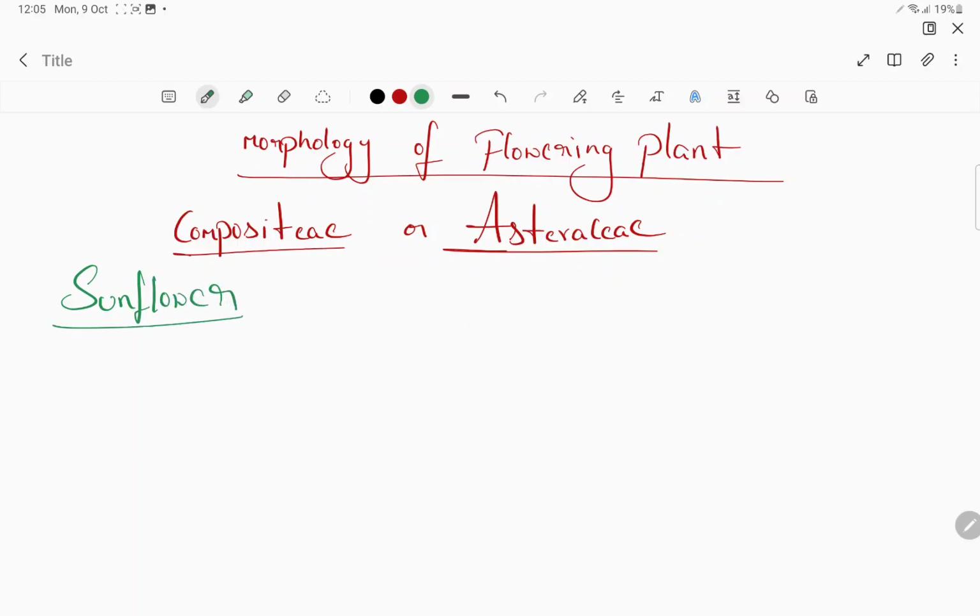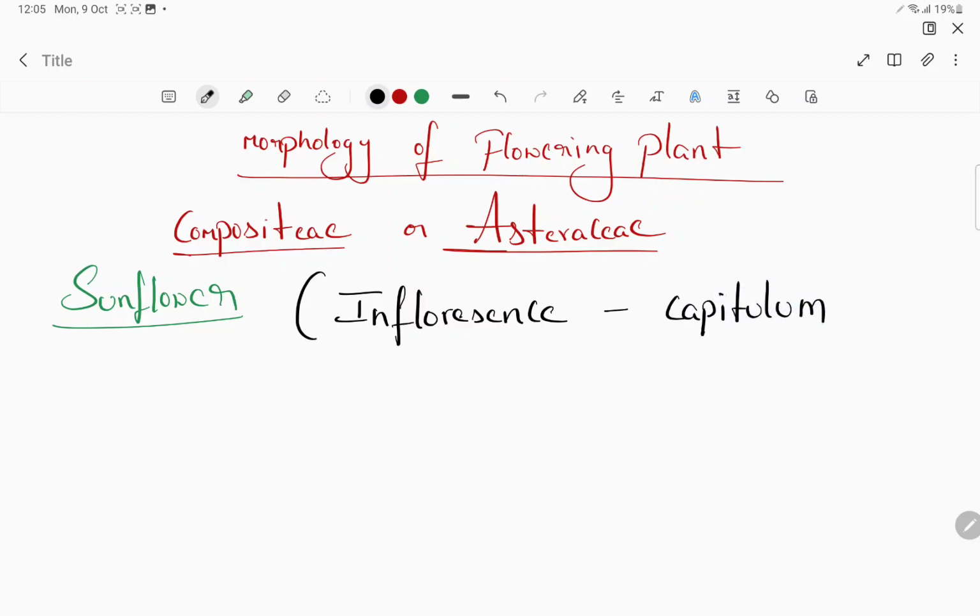Right. So in sunflower, we see the flower. That flower is not actually a true flower. It is actually an inflorescence, and this comes under the inflorescence called capitulum or head inflorescence, which comes under racemose.